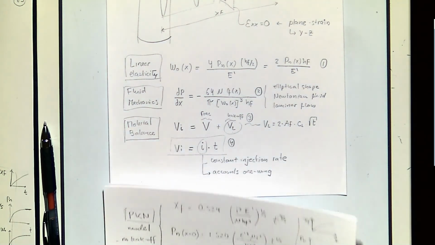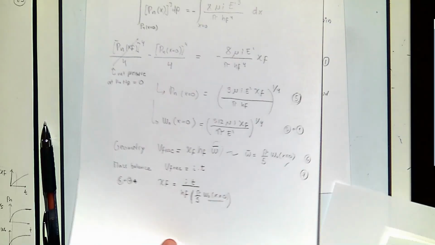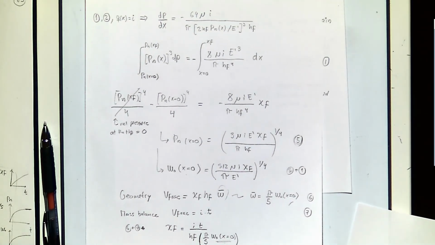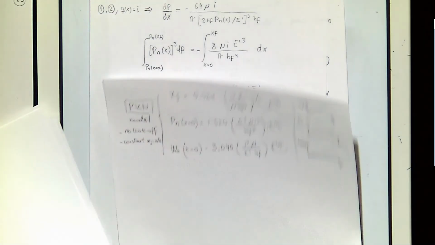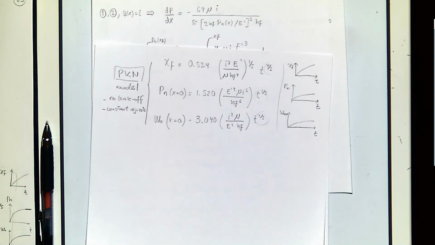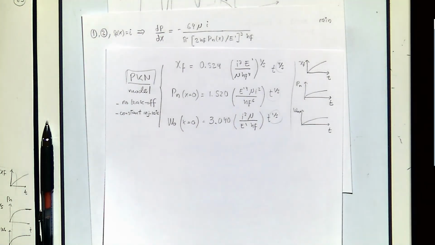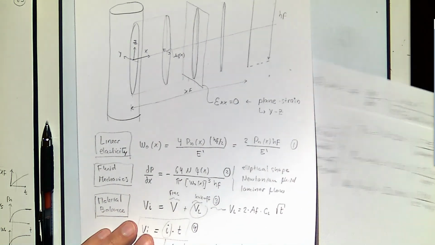You do all of this and you do some math like what we did over here, and you get to these equations that tell you what the fracture length, pressure, and width are as a function of time.